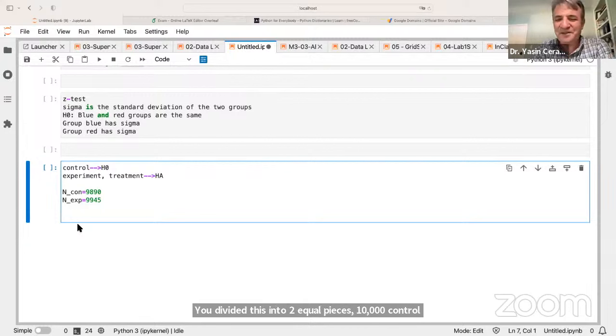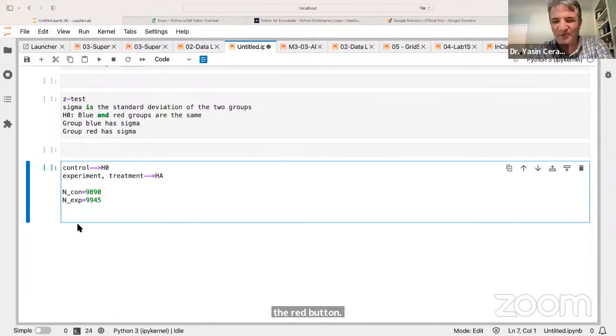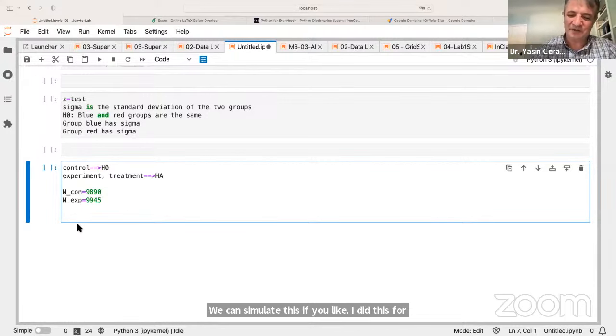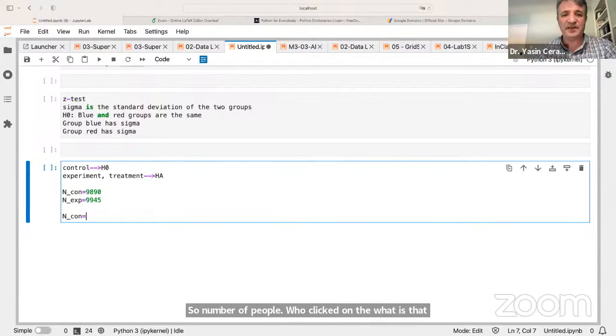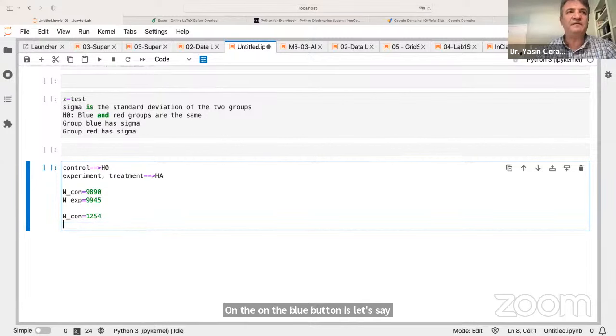Let's assume that we are running this blue and red button test. Then you count how many people clicked on the blue button and how many clicked on the red button. We can simulate this if you like. I did this for another study, but let's say we only have the results for now. The number of people who clicked on the blue button is, let's say, 1,254.